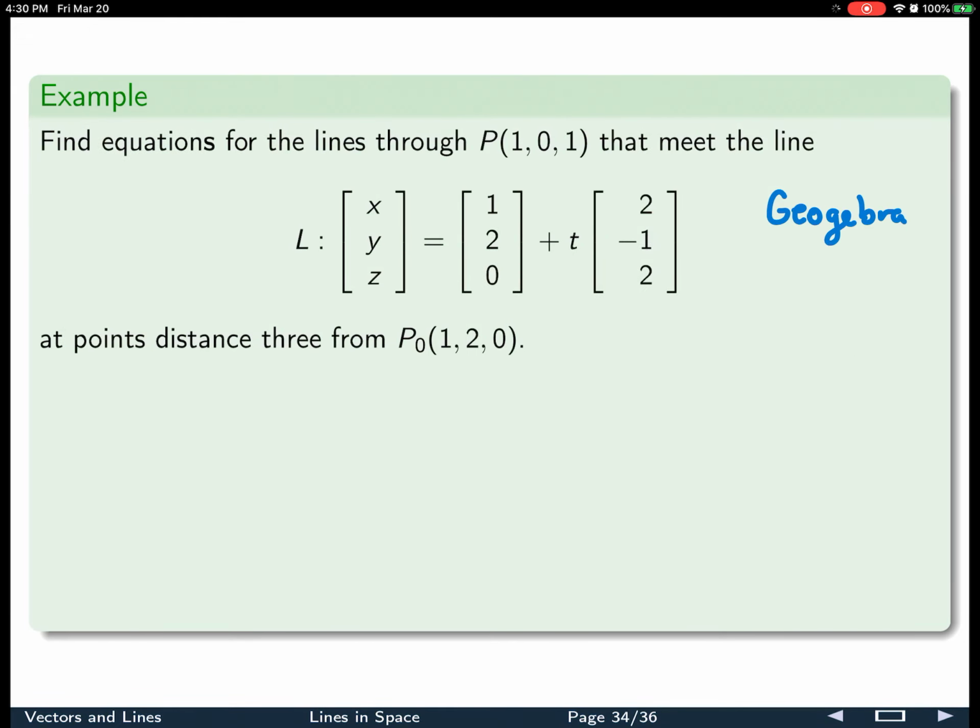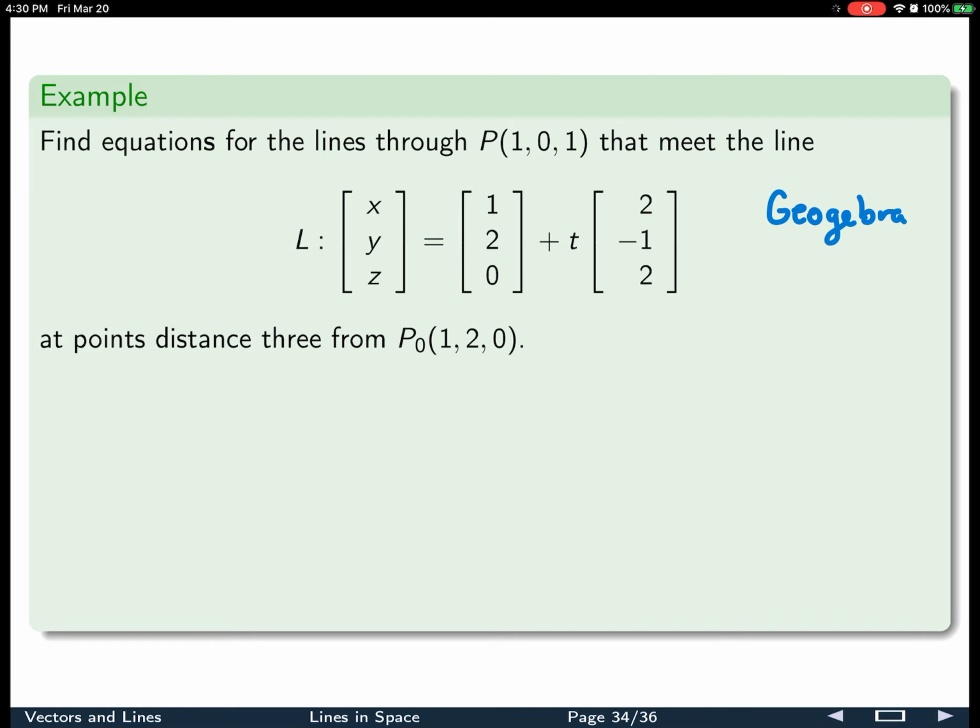This might be the last example of the day, or of this section at least. Find equations for the line through P that meet the line L at points 3 units away from the initial point P0, 1, 2, 0.